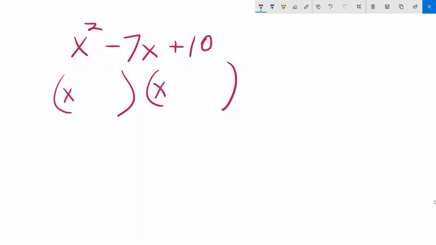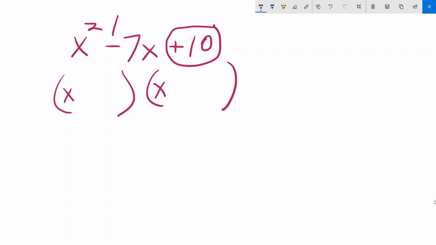So what do both signs have to be? How would you produce a plus 10? They would have to be the same. Okay. So it's either minus minus or plus plus. What's it going to be in this case? Minus minus.